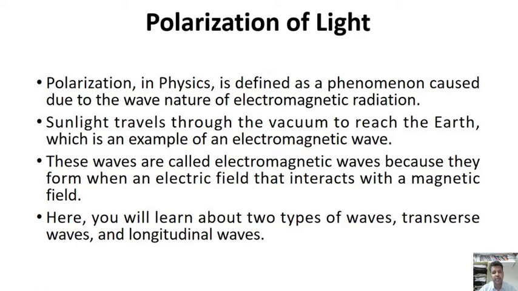Sunlight travels through the vacuum to reach the earth, which is an example of an electromagnetic wave. They are called electromagnetic waves because they form when an electric field interacts with a magnetic field.